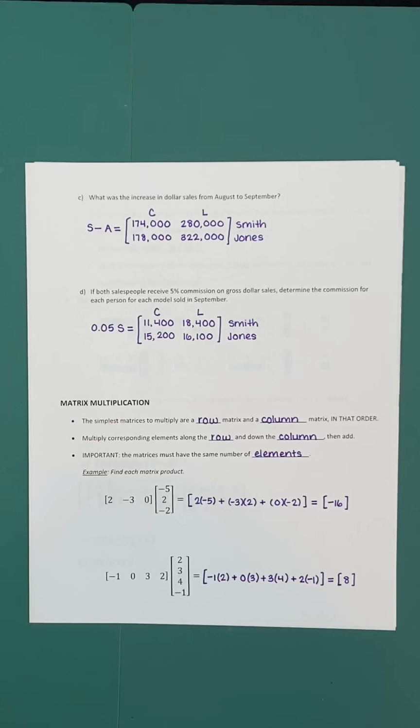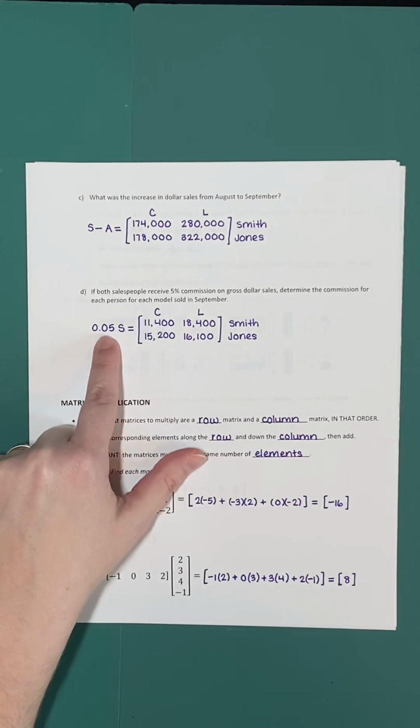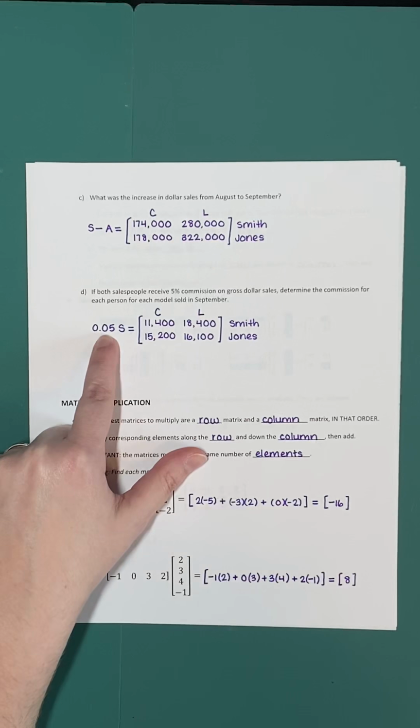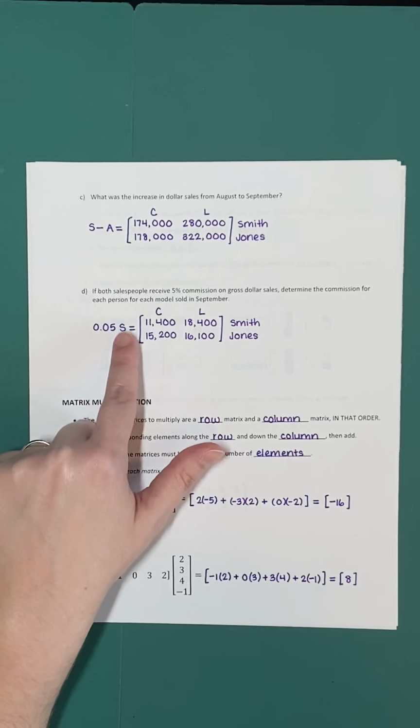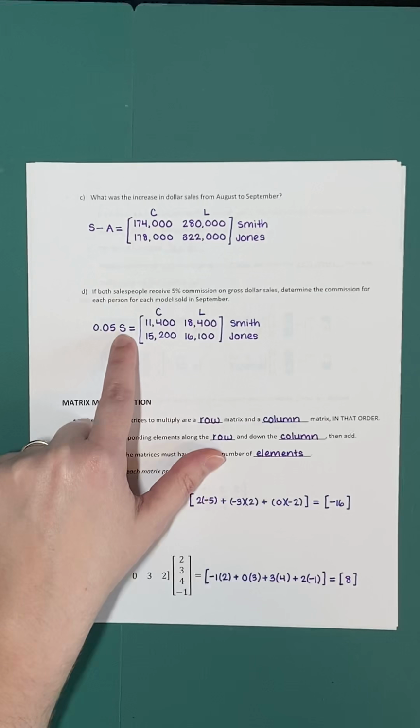We have to convert it to a decimal before we can actually use it algebraically. So I'm going to convert 5% to a decimal, which results in 0.05. So it's 5% of our sales in September. So it's going to be the decimal version of our percentage, which is 0.05, multiplied by our total sales. In other words, by our matrix for September.